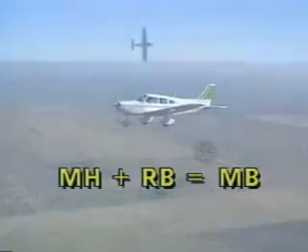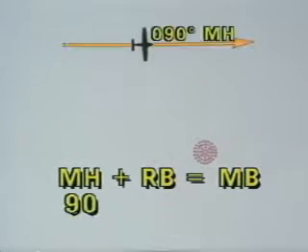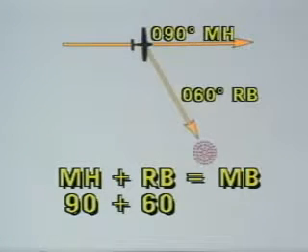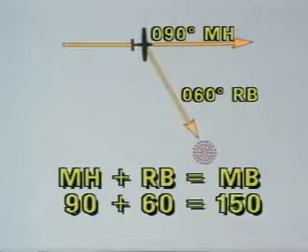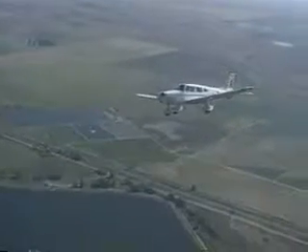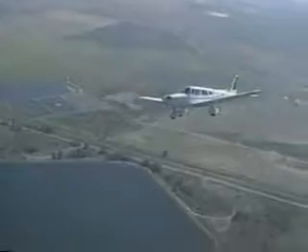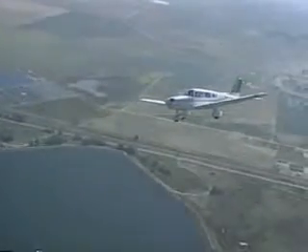For example, let's assume your magnetic heading is 090 and your relative bearing is 060. When you add these two together, you get a magnetic bearing to the station of 150 degrees. To fly to the station, in this case, you simply turn to a heading of 150 degrees.